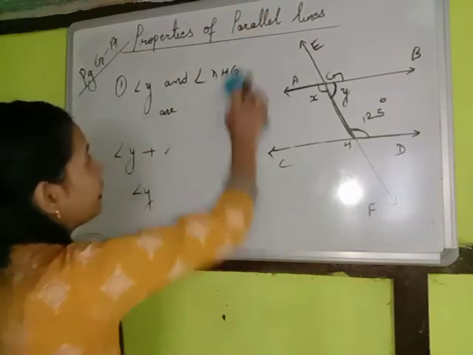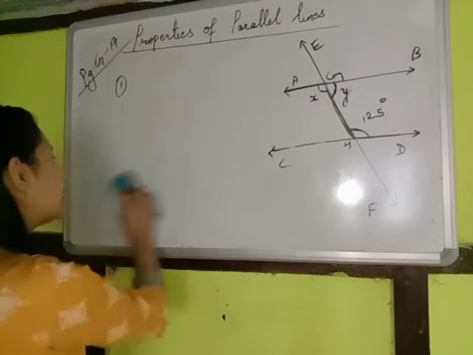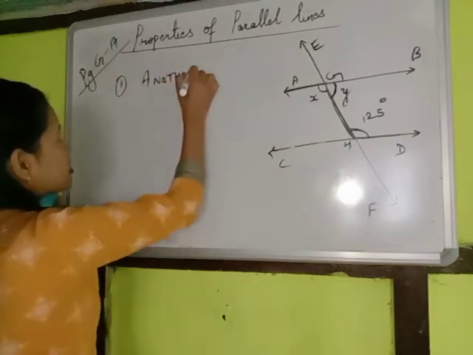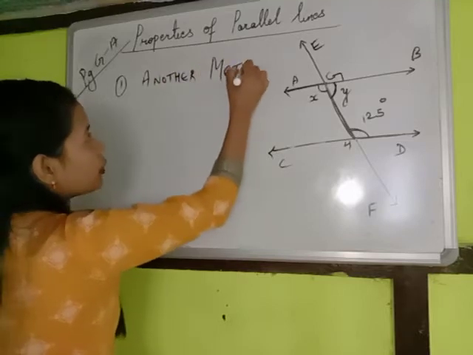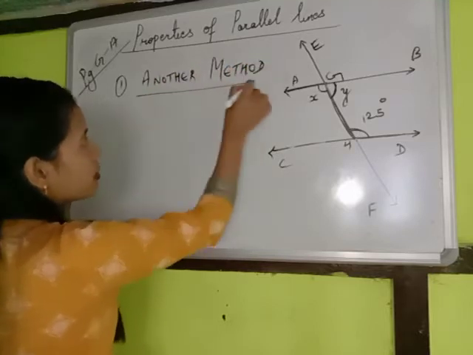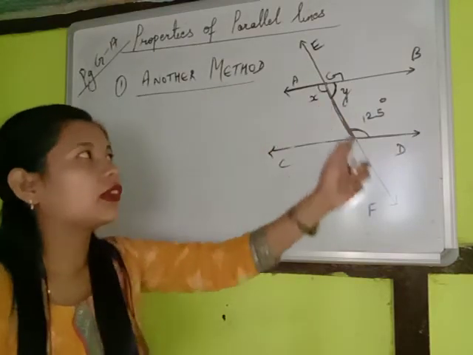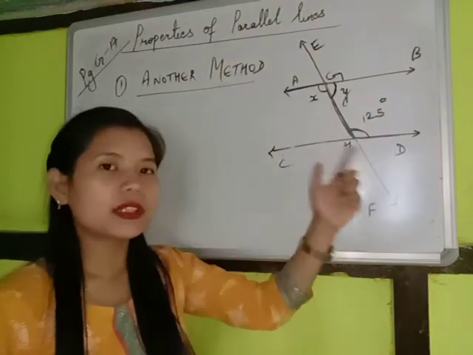To find the value of y, you can also use another method. Children, this geometry is very interesting. It all depends upon how you use your logic, right? Here, to find y, I used my knowledge of co-interior angles.